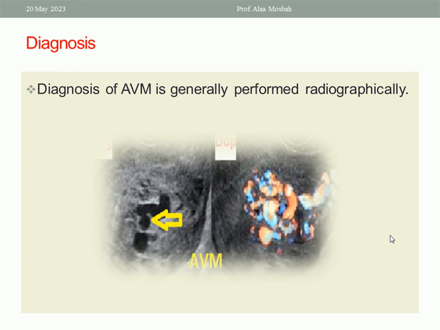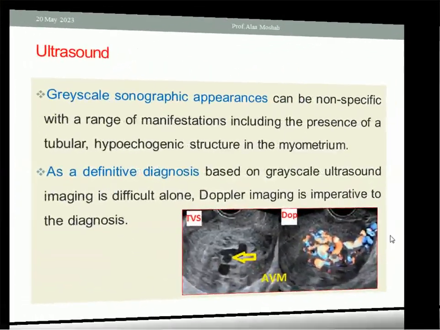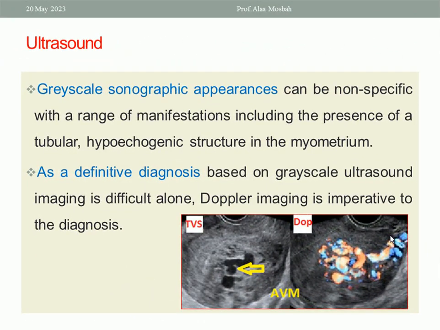Diagnosis of arteriovenous malformation is generally performed radiographically. The first imaging is ultrasound.